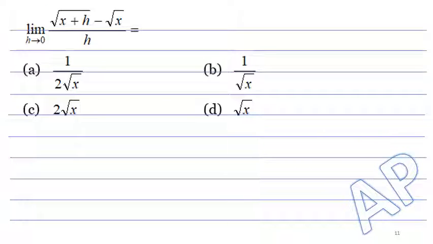Evaluate limit as h tends to 0 of root of x plus h minus root x by h. Let us multiply and divide by the conjugate of the numerator.